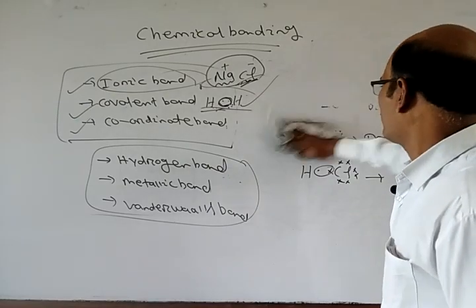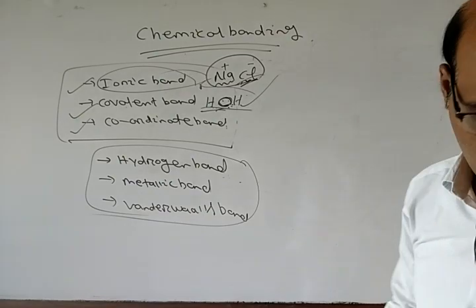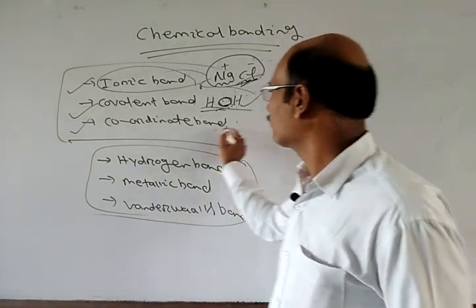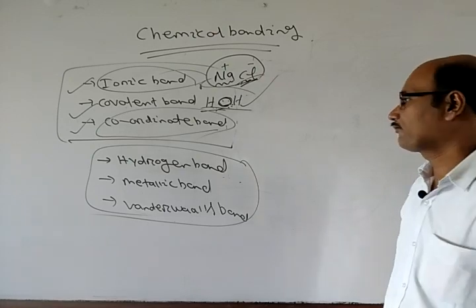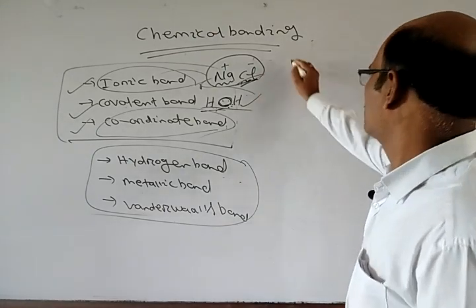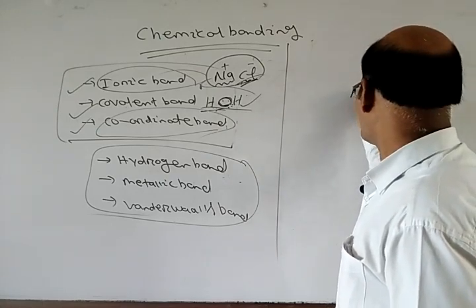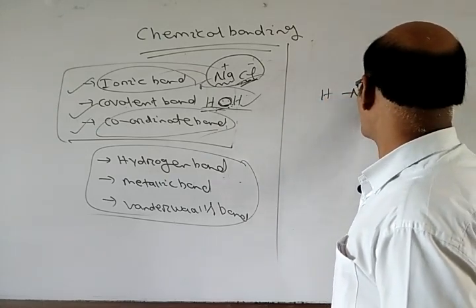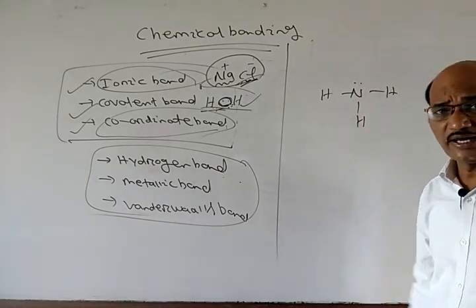Now see, if I think about how to do covalent bond, okay. Suppose you see N, H, H, H. We have NH3 here.